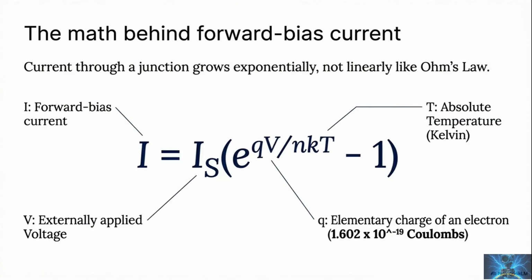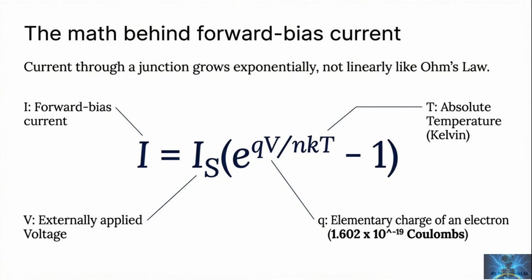The math behind forward bias current. The important takeaway here is that diode current grows exponentially, not linearly like Ohm's law. A small increase in applied voltage can cause a huge increase in current. Temperature matters because the junction behavior depends on thermal energy inside the material.